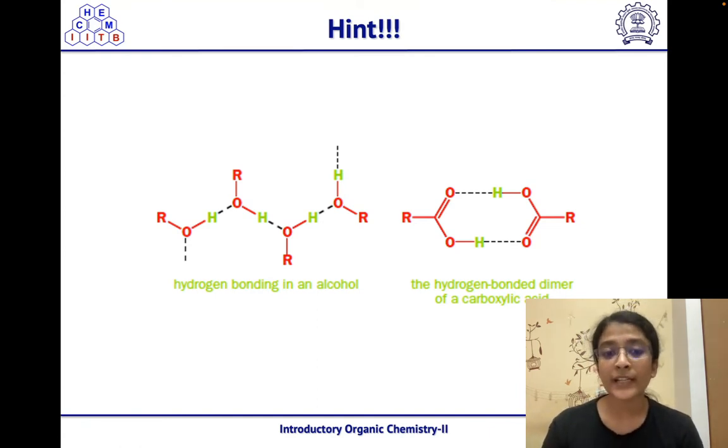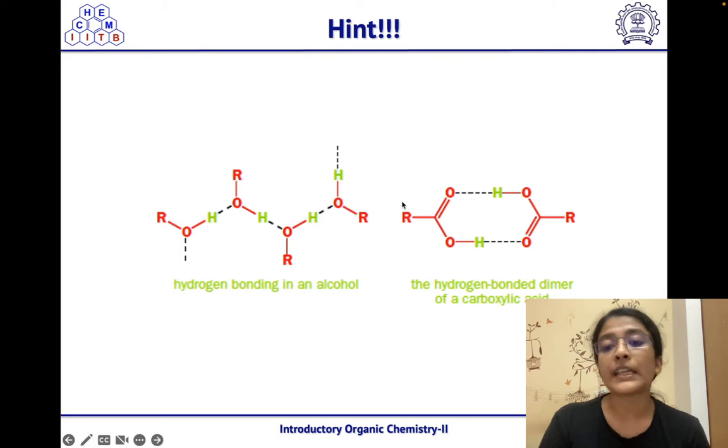Because of that, these alcohol and carboxylic acid will have greater boiling point. Out of alcohol and acid, the acid will have greater boiling point, because in case of acid it will lead to formation of dimer molecules like this. Because of that, acid requires even more temperature for boiling.